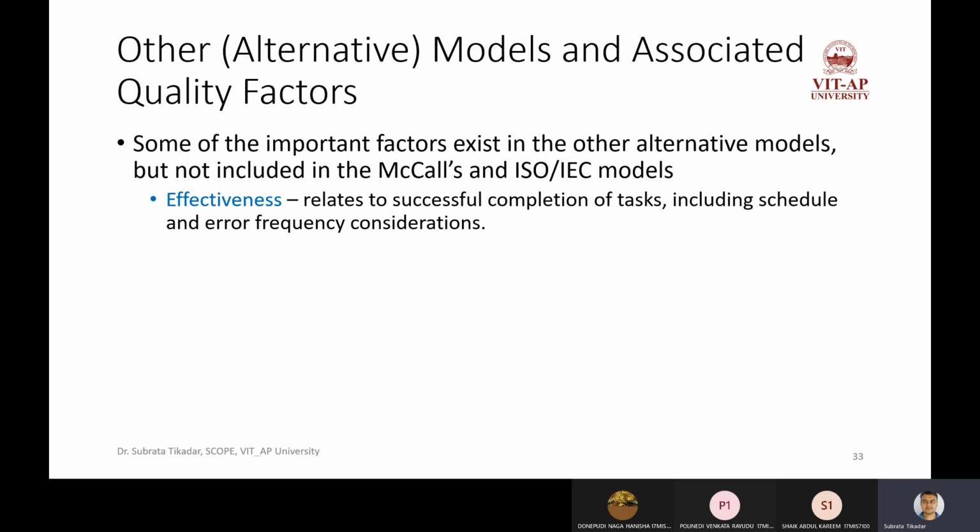This is included in the state of the art usability metrics. That's why I was telling that sometimes the name is different but the things are same. Nowadays, in the state of the art usability definition, effectiveness is used as one of the metrics.